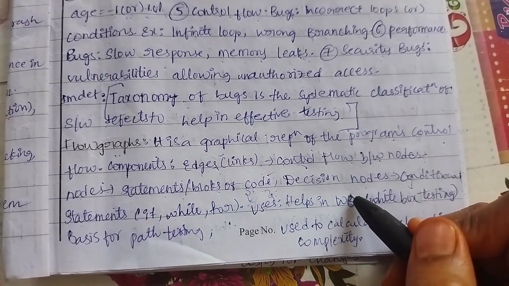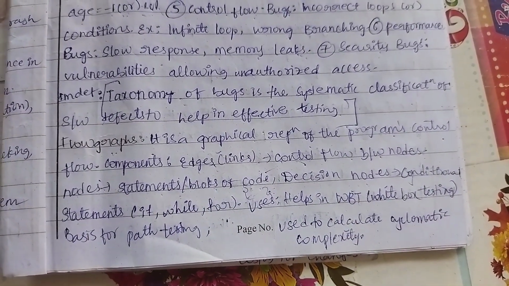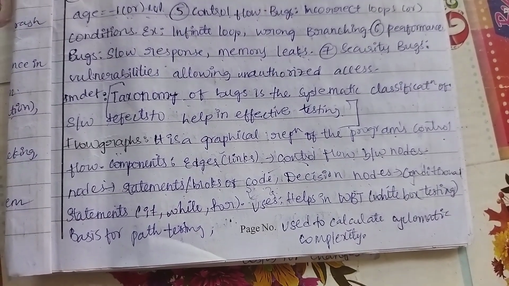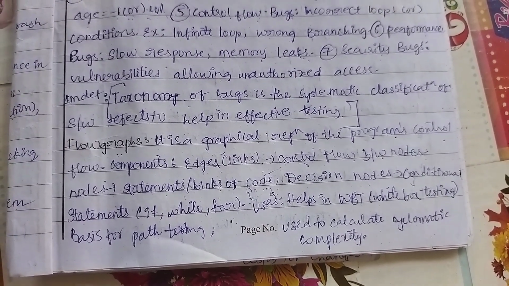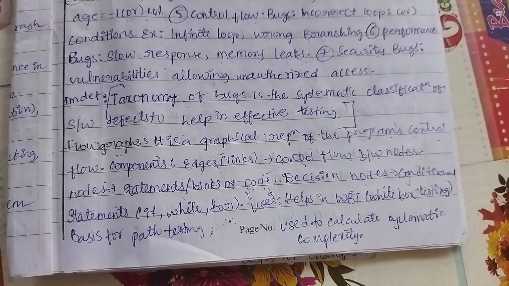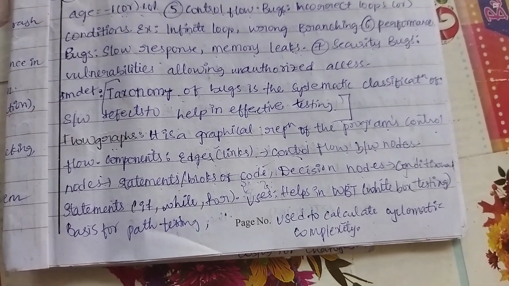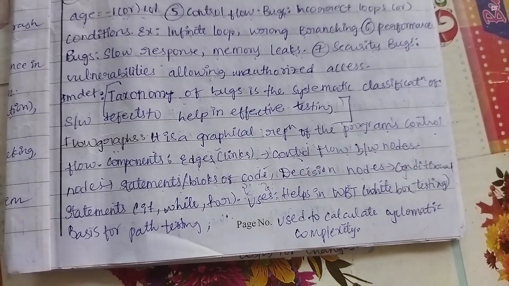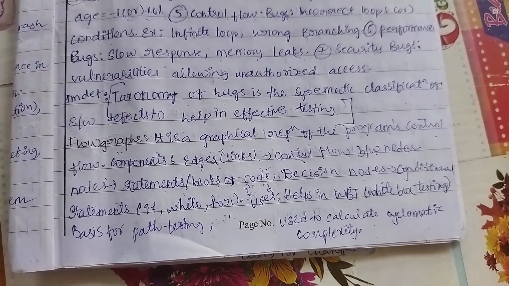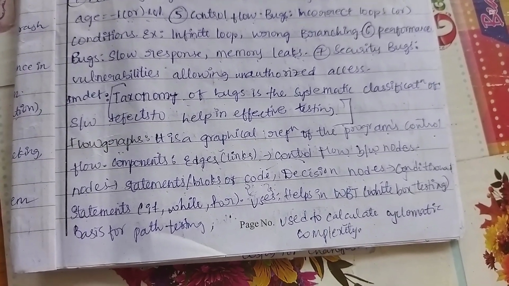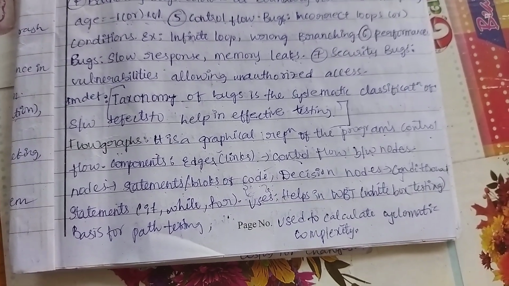Decision node is for condition statements like if, while, for loop. We will use flow graphs in cases of white box testing, and also for calculating cyclomatic complexity: V of g equals e minus n plus 2.